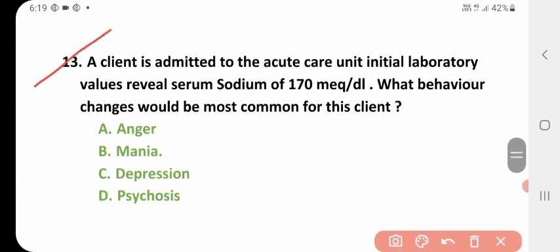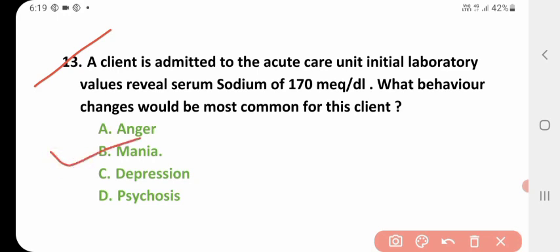Next, 13th. A client is admitted to the acute care unit. Initial laboratory values reveal a serum sodium of 170 milliequivalents per deciliter. Which behavior changes would be most common for this client? A, anger; B, mania; C, depression; D, psychosis.